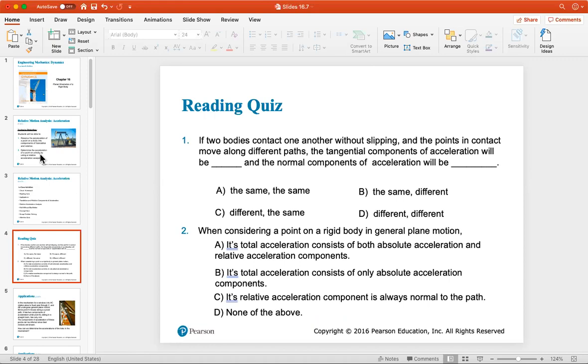Well, if you've done the reading, you'll know the answer is A. If I want to find the acceleration of a point, given some other point's motion, then it would be the acceleration of the basis point plus the relative tangential and normal components of acceleration. So it has both relative and absolute data mixed in. So the best answer is A.